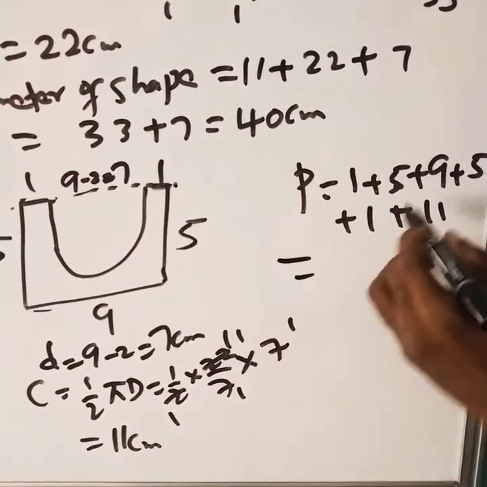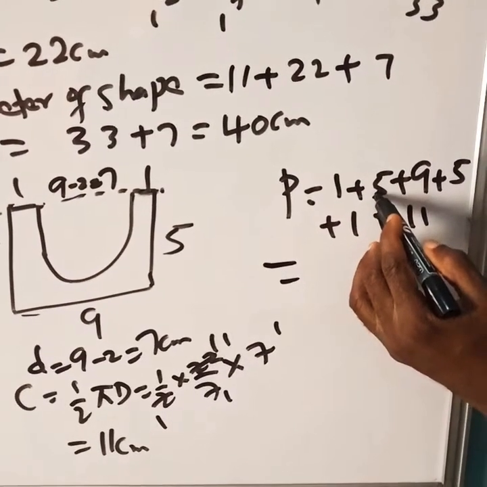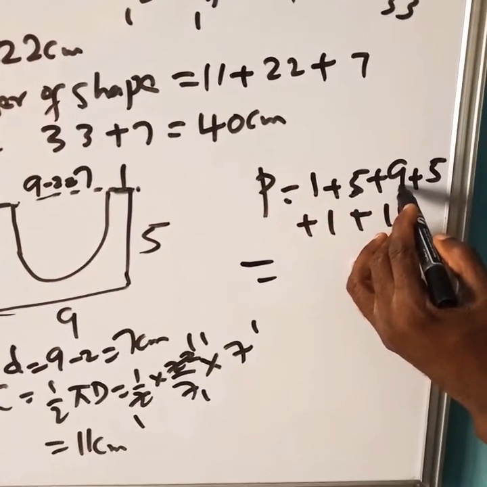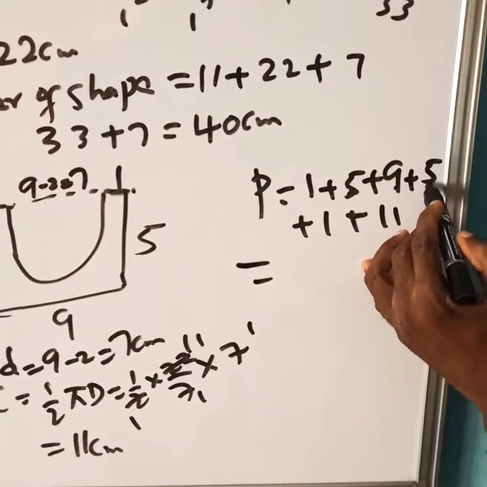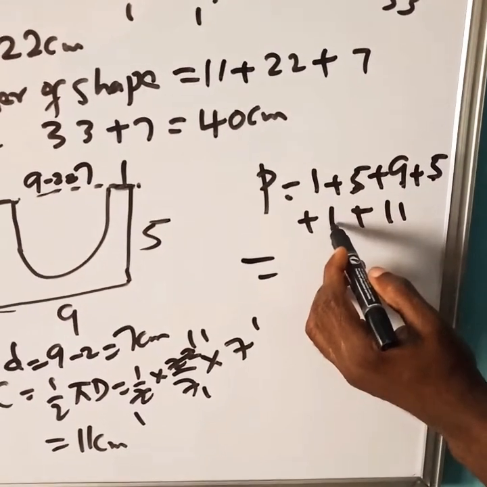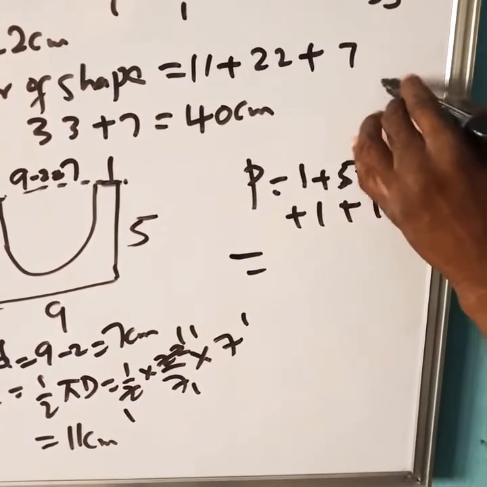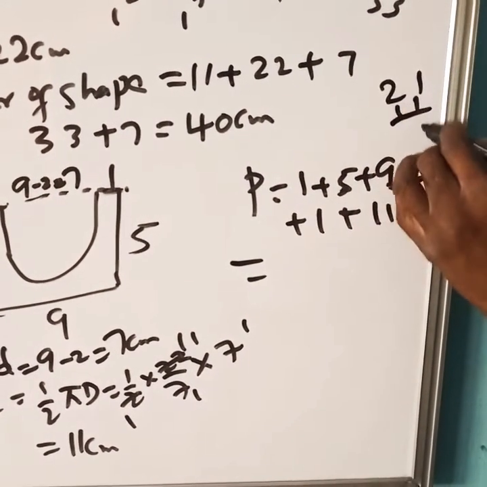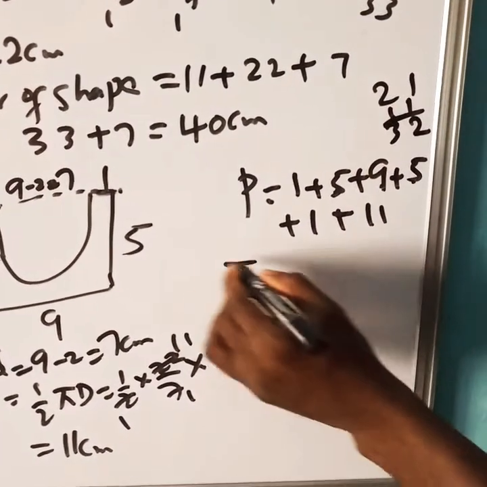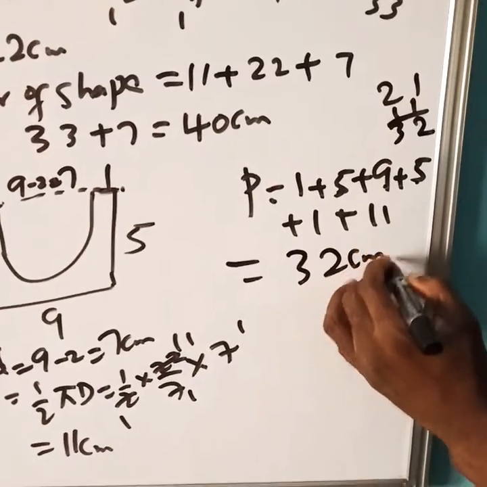That's the perimeter of the shape. 1 plus 5 is 6, 6 plus 9 is 15, 15 plus 5 is 20, 20 plus 1 is 21, and 21 plus 11 is 32. The perimeter is 32 centimeters.